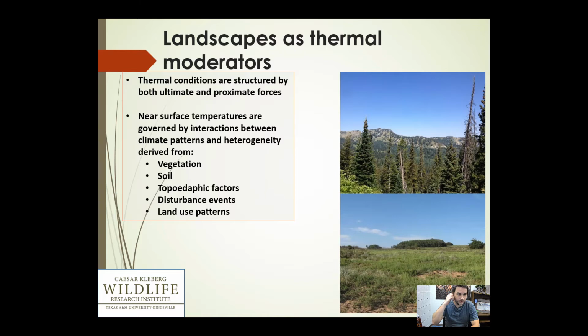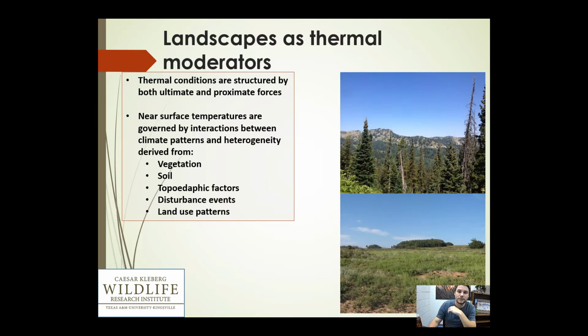When we think about proximate forces and how they influence near-surface temperatures, we can think about things like vegetation type, vegetation structure and cover, soil types that drive vegetation patterns, topographic features, and even disturbance events and land use patterns. All of these are local proximate forces that influence the thermal landscape.